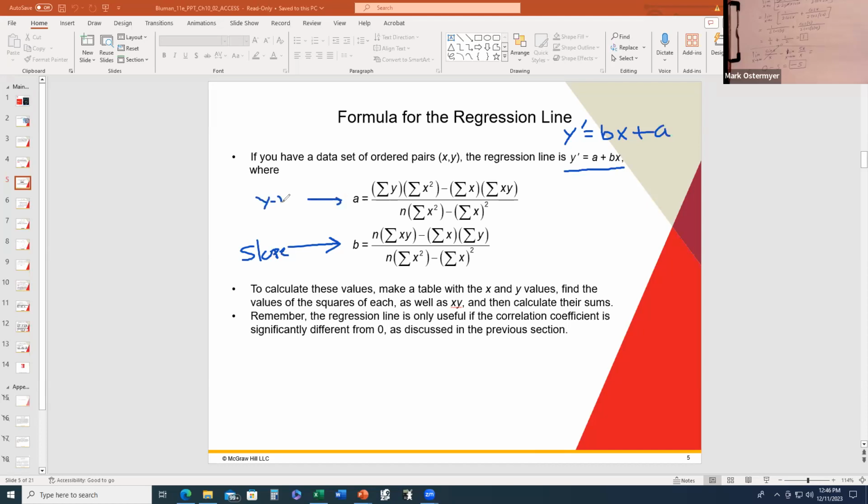Now we've got to be careful because traditionally in algebra, our slope-intercept form is y equals mx plus b, where b normally is the y-intercept in algebra. But in this course, a is the y-intercept, and b is the slope of the linear regression equation.